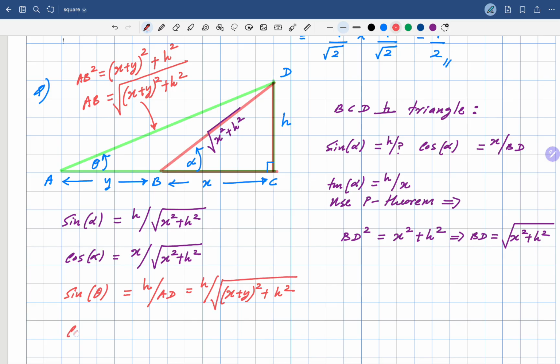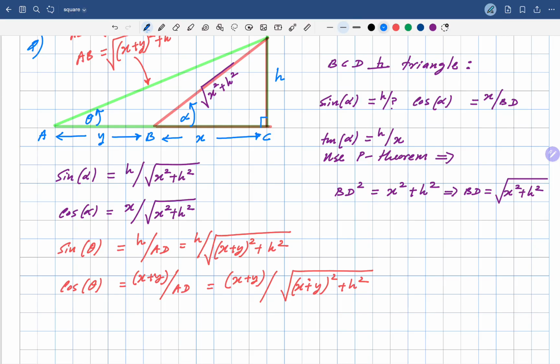And cos theta is going to be x plus y, which is AC in this case, divided by AD, again divided by this term over here. So that's pretty straightforward now.